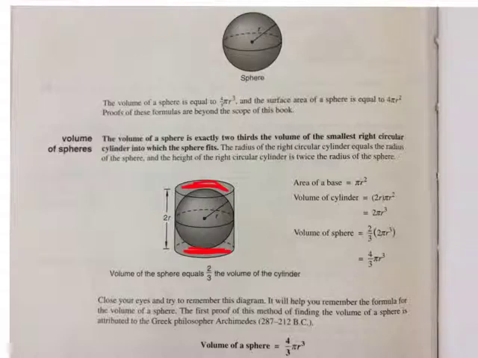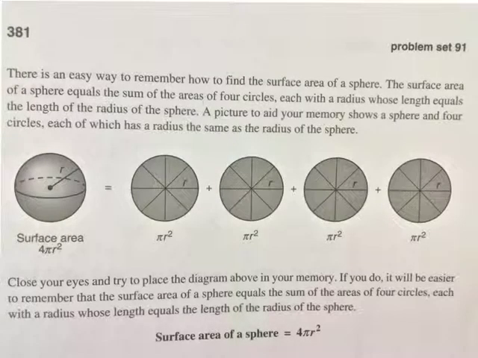Okay, so let's move on and talk about how to find the surface area of a sphere. There's an easy way to remember how to find surface area of a sphere. The surface area equals the sum of the areas of 4 circles, each having the same radius as the sphere itself.